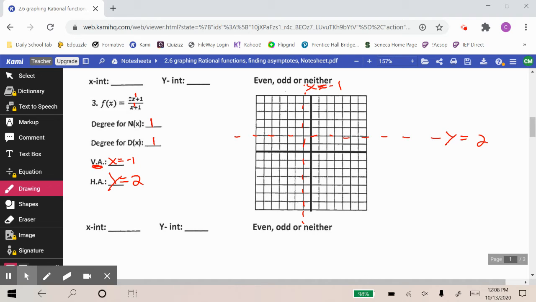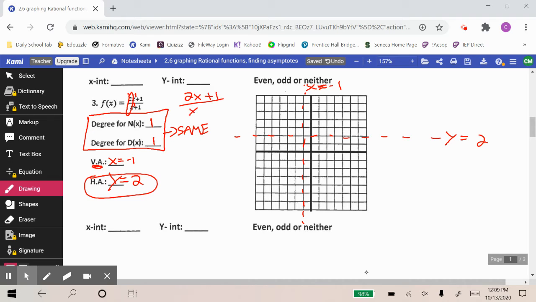Now, why does it equal 2? Here's the main thing. If you have the same degree in the top and bottom, what it turns out to be, this y equals 2, is that you just divide the leading coefficients. You have 2x plus 1 over x plus 1.